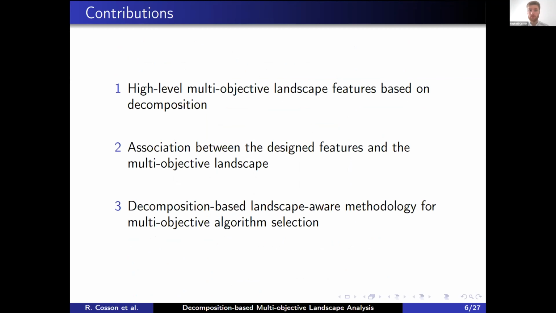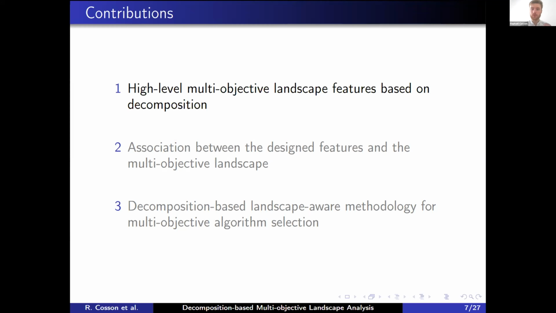First, we propose a methodological way of computing multi-objective features using decomposition. Then we study the features and their relationship with the benchmark landscape that we use. And finally, we perform an algorithm selection task to predict the best performing algorithm given a problem instance, always using our decomposition-based features.